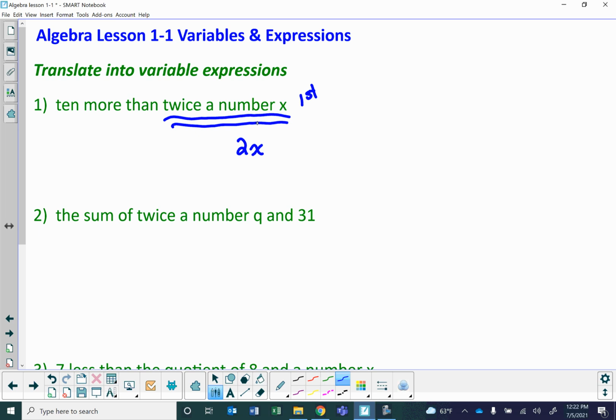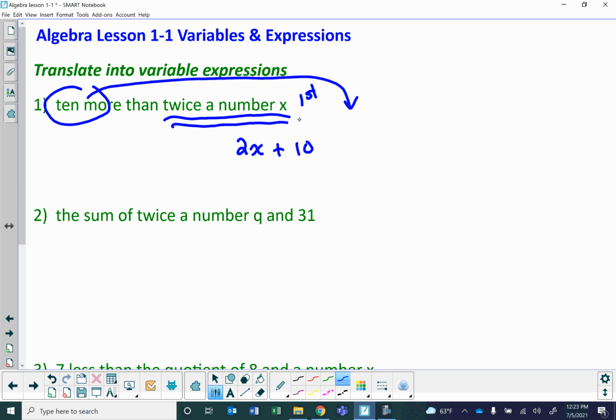We don't need any symbols implying multiplication, because if you have a number next to a variable, it always implies multiplication. It doesn't have to be expressly written as 2 parentheses x or 2 times x. And 10 more than that means this comes after, so we're going to add 10. So we're doing 2 operations within this one particular problem.